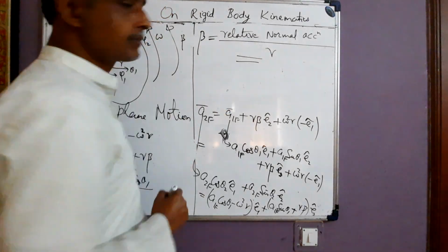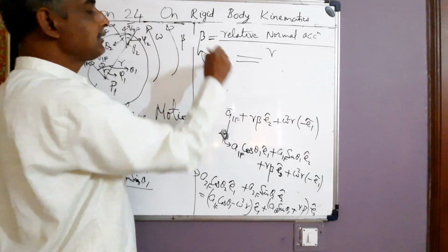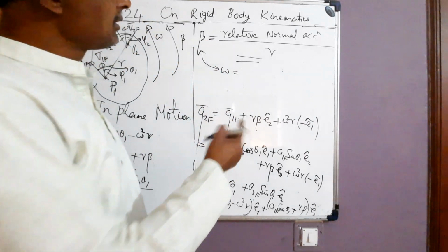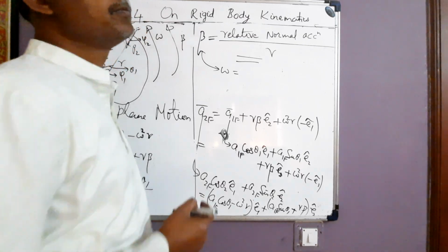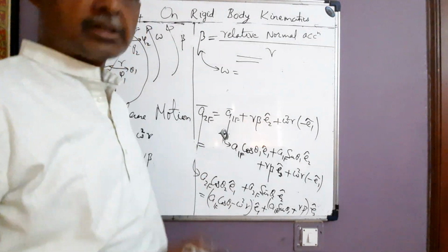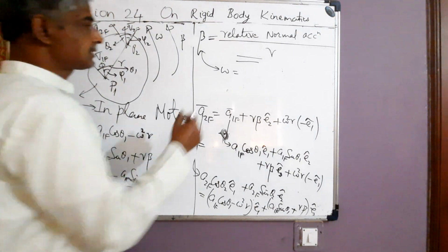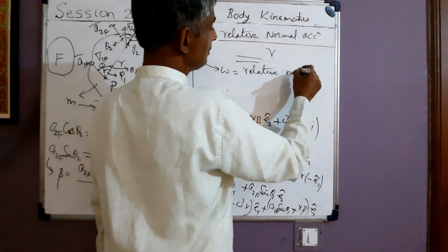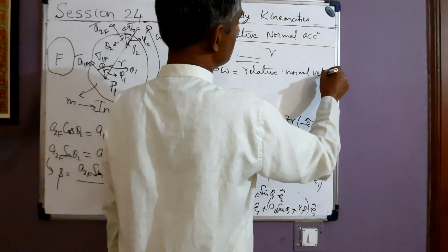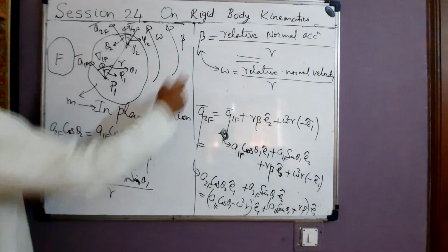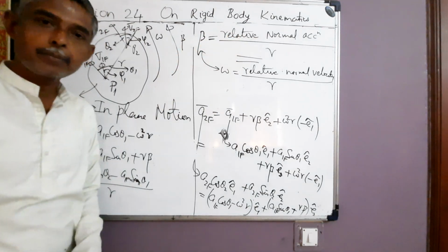Now this corresponds to which formula? Omega is equal to relative normal velocity by separation, as we did in the second video. Yes, second video. These are two analogous formulas.